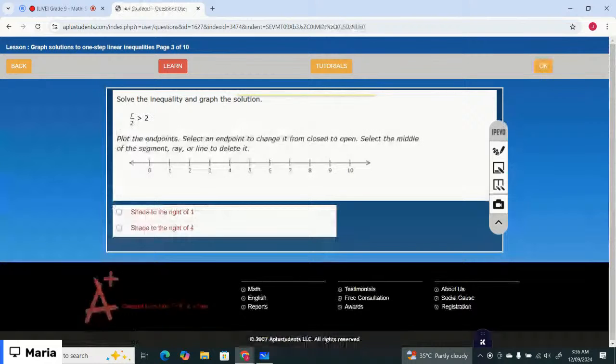Solve the inequality and graph the solution. R over 2 is greater than 2. So, which is the correct option?